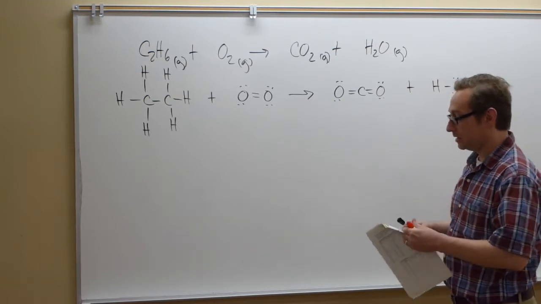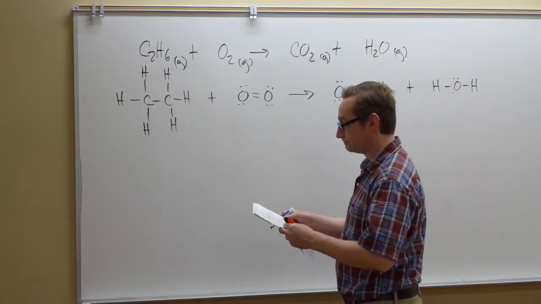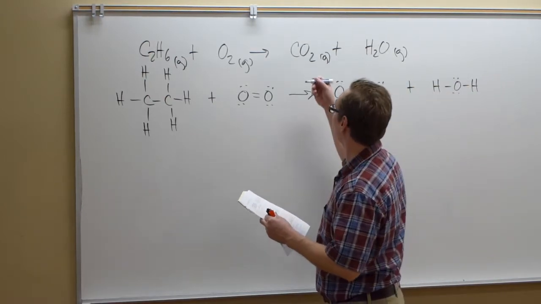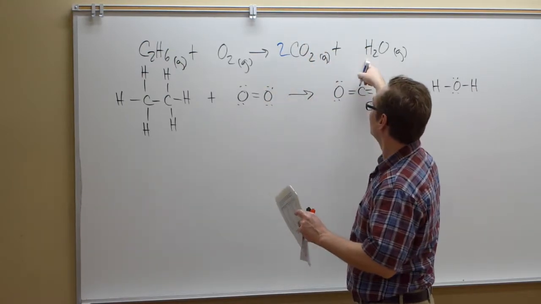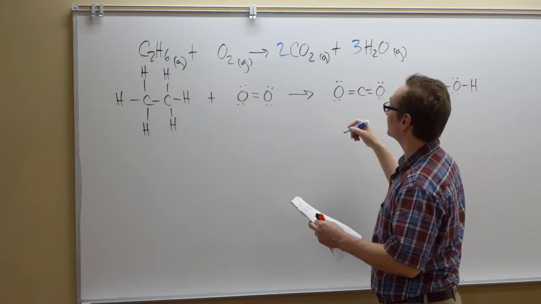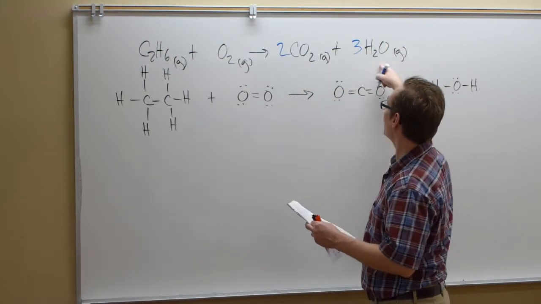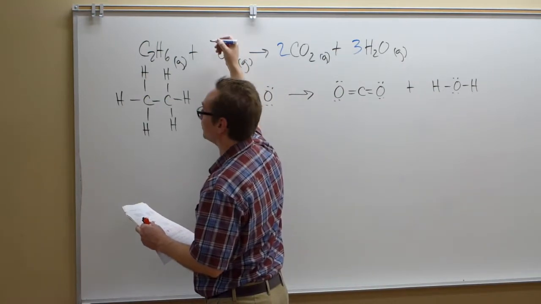What do we need to do? We need to balance this reaction. So let's go ahead and balance it. Turns out that if I balance it, let's see, if I do 2 carbons, 6 hydrogens, 3 here. Then we look at the oxygen, we've got 7. So that would mean 7 halves, but we don't like halves.